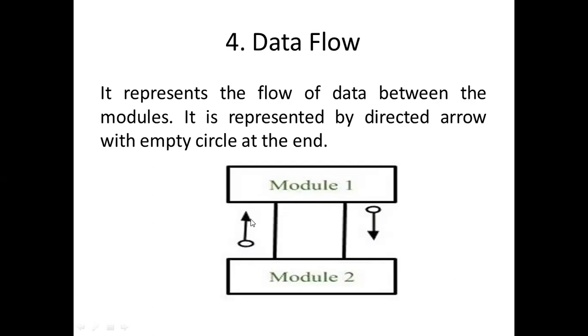So this is representing the data flow. The condition is that the circle must be empty, and this is the arrowhead. It indicates that the data is flowing from this side to this. Similarly, in this case the data is flowing from the circle side to the arrowhead, indicating that data is going from module 1 to module 2.